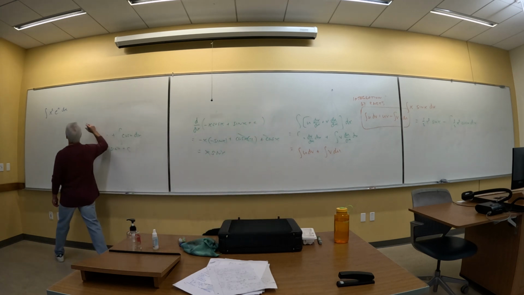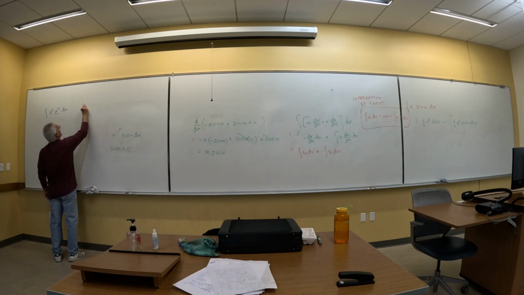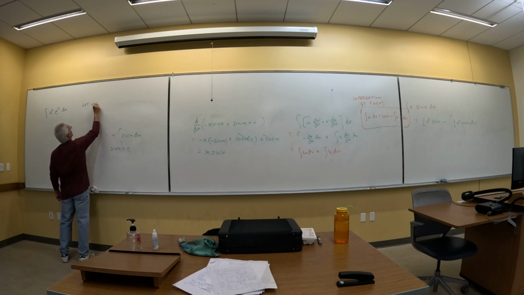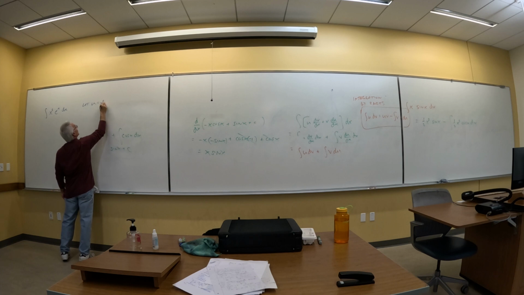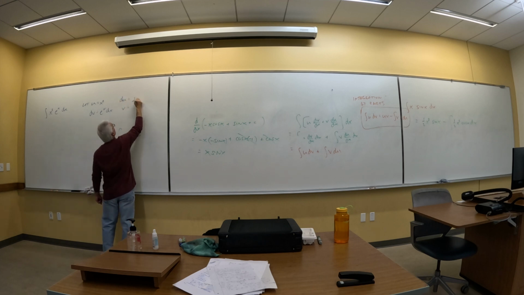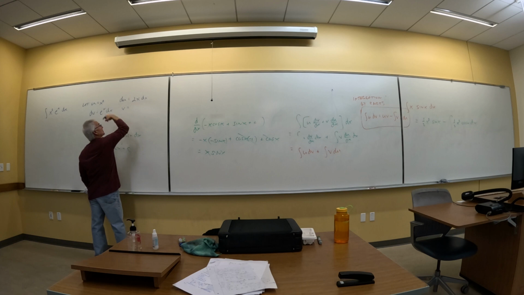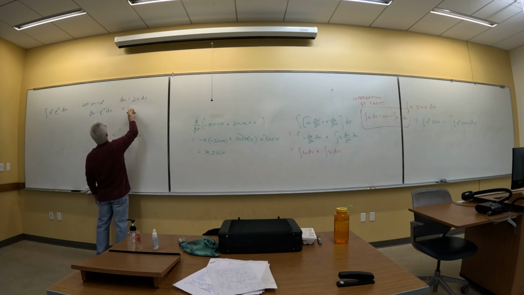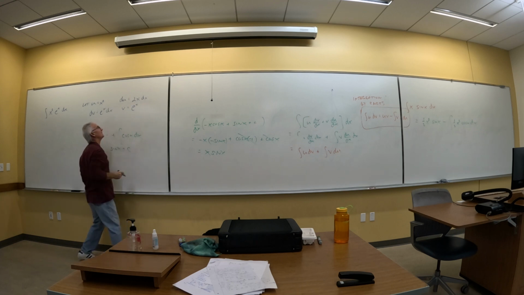So rather than do it incorrectly and come back, you'll figure out really quickly what the best route usually is. So if I call my u x squared and my dv e to the x dx, then what is my du? It's 2x dx, and my v would be e to the x.